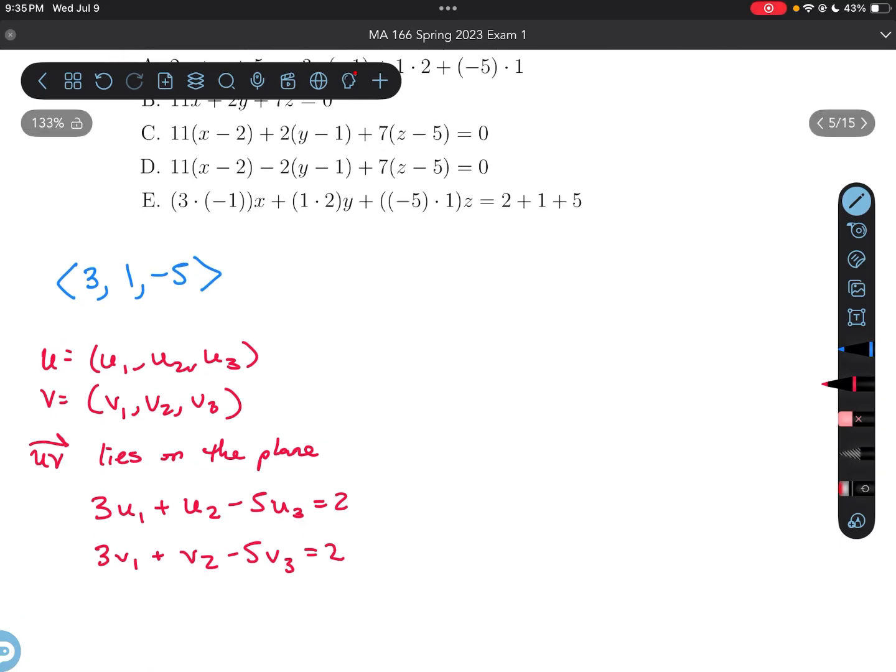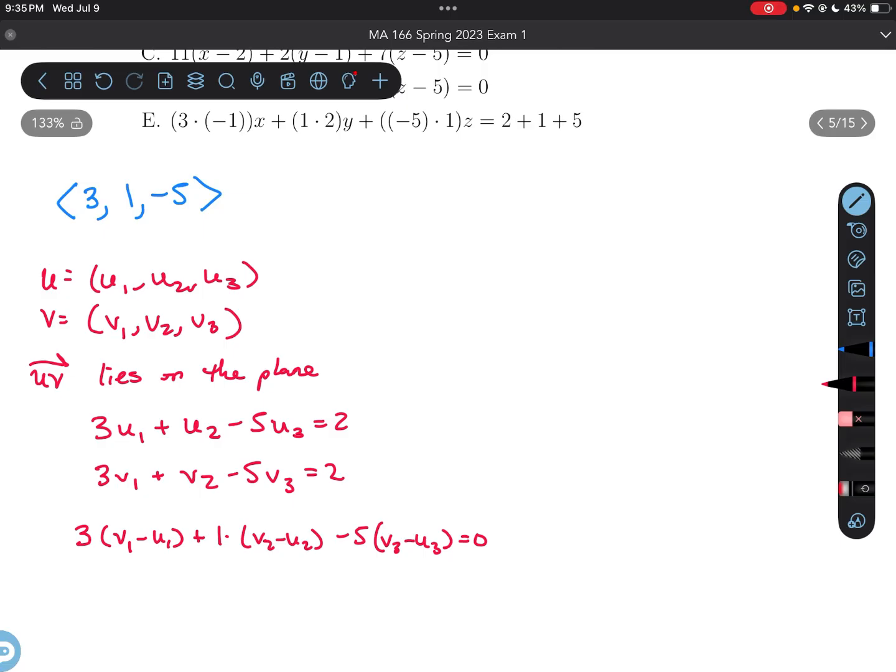Now I'm going to subtract the first equation from the second one. So then I get 3 times (V1 minus U1) plus 1 times (V2 minus U2) minus 5 times (V3 minus U3) equals 0.